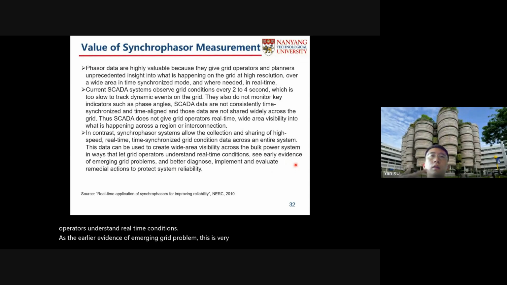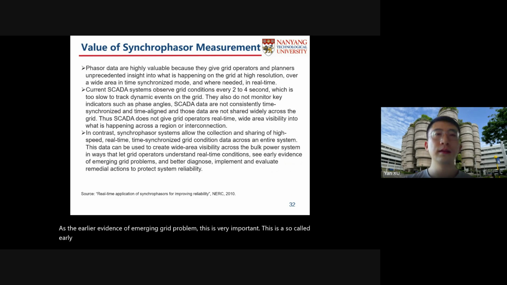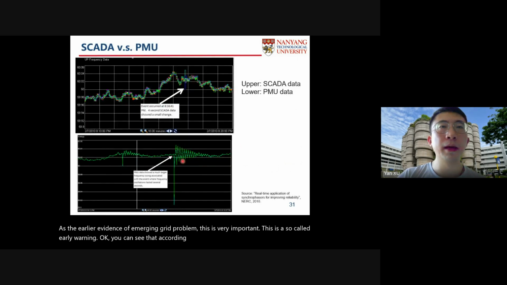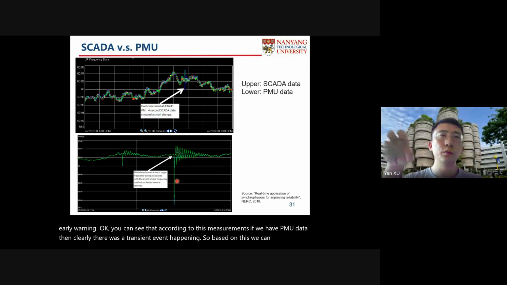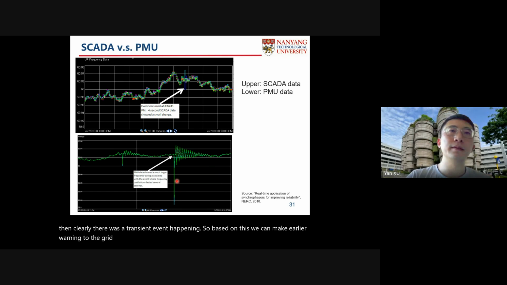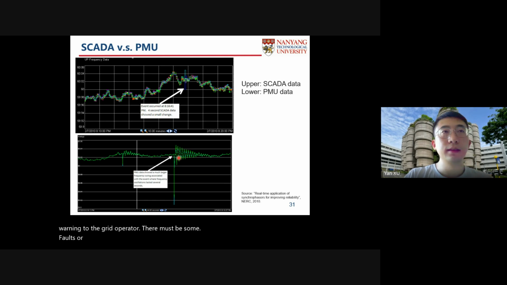This is the so-called early warning. According to these measurements, if we have PMU data, then clearly a transient event was happening. Based on this, we can give an earlier warning to the grid operator. There must be some fault or event that happened, so based on that, we should prepare the system.